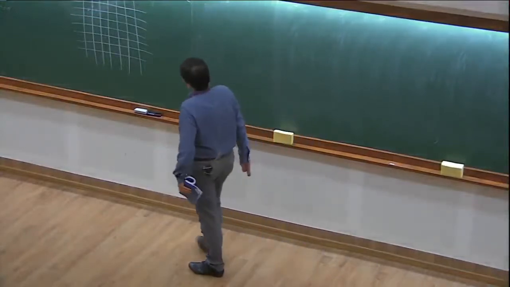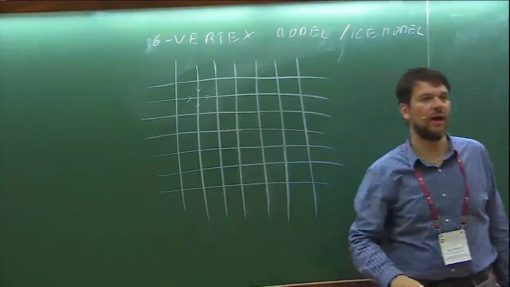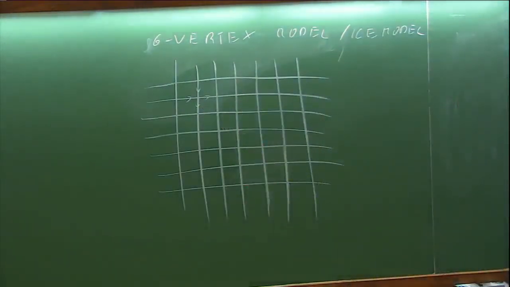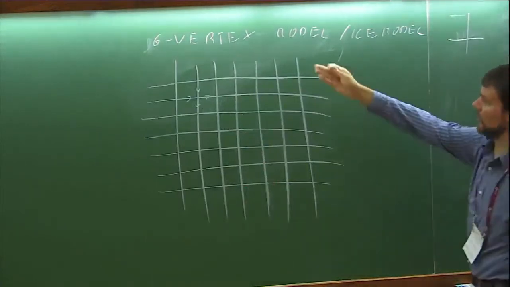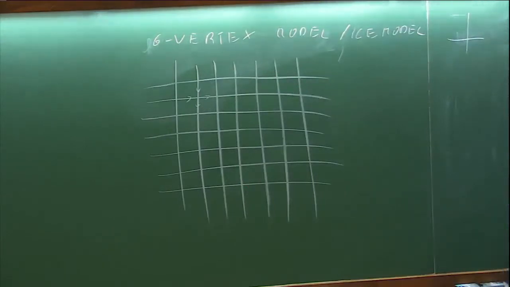So if you look at all the ways that you can put these arrows in a way to satisfy these ice rules, you see that, as the name gives away, you have six allowed configurations.